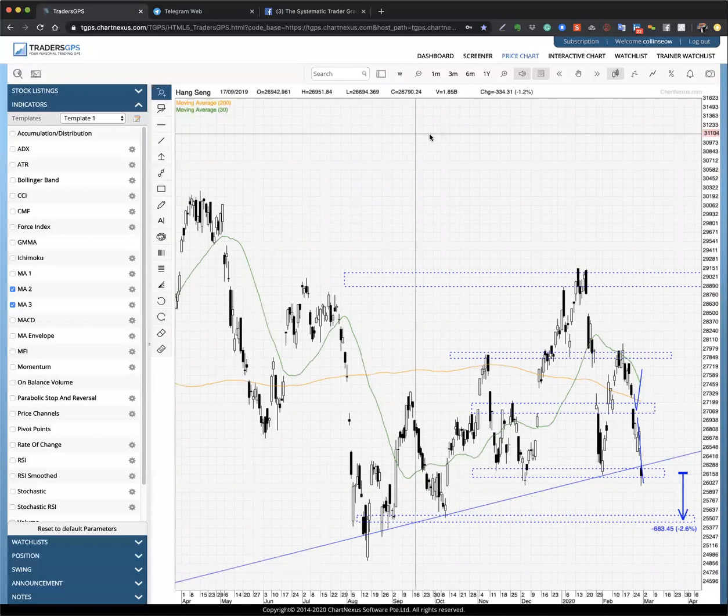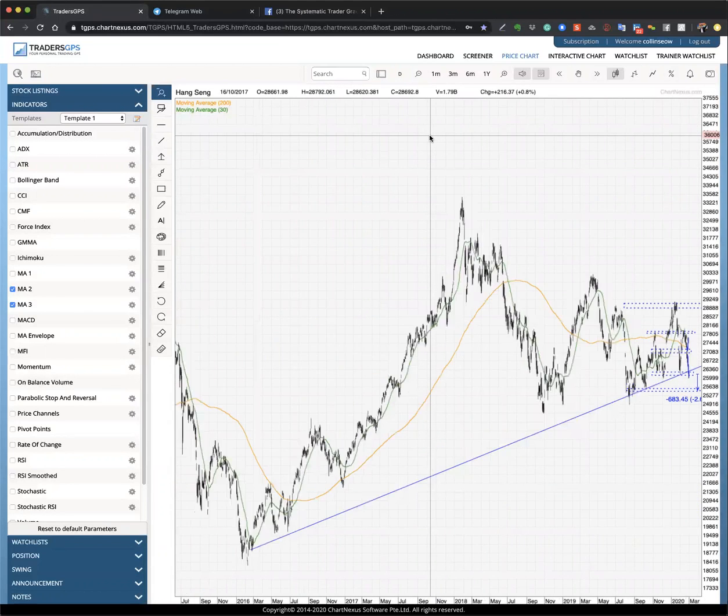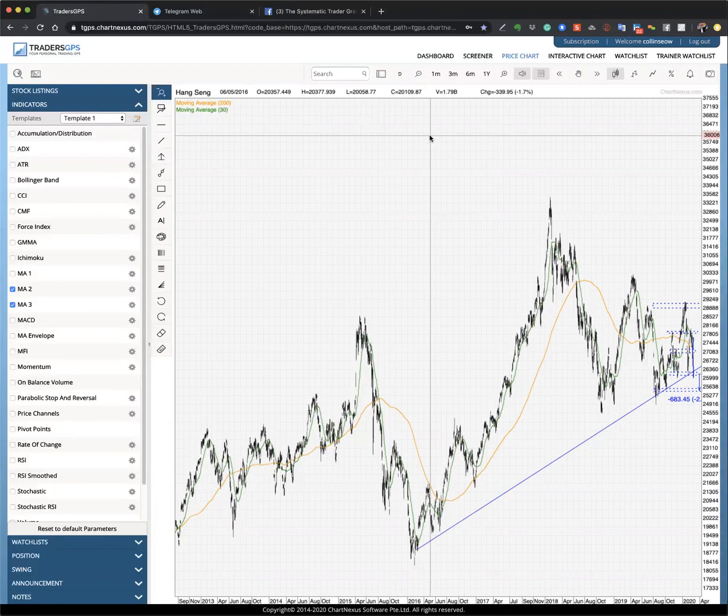Okay, HSI is what trend? Sideways trend. Okay, this is HSI in a sideways trend. The long term, let's do weekly, right?